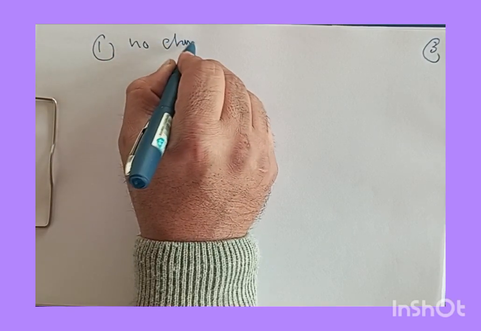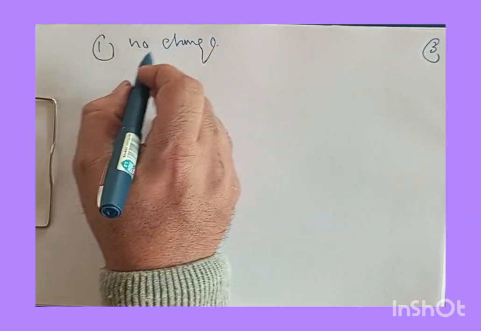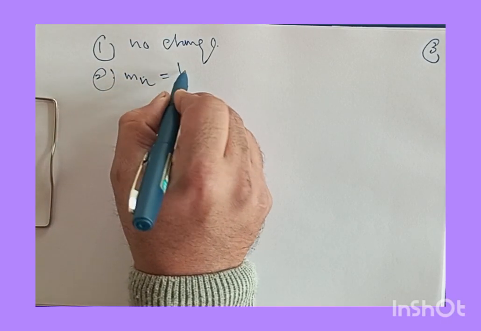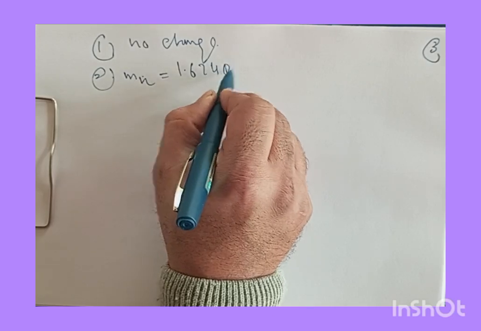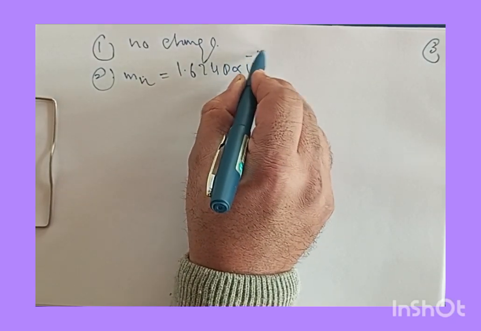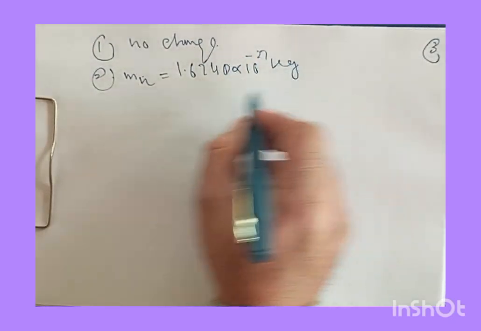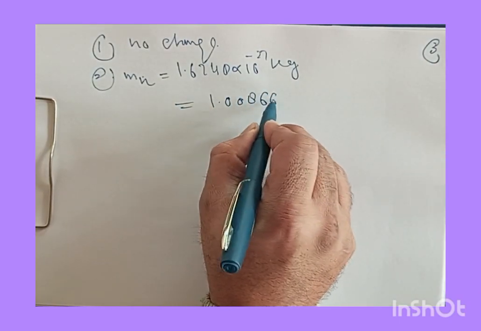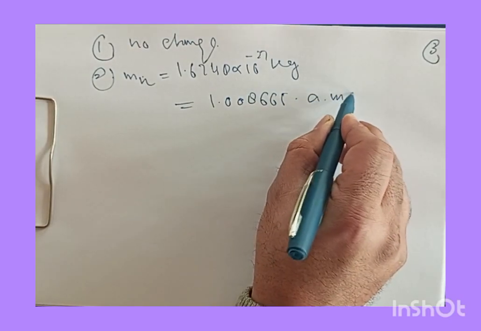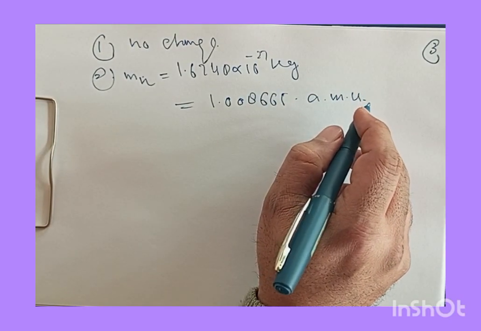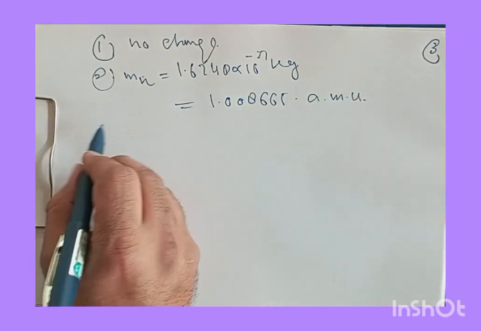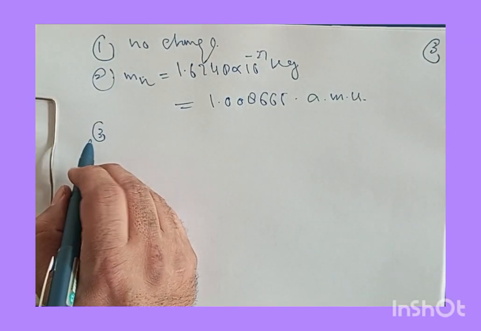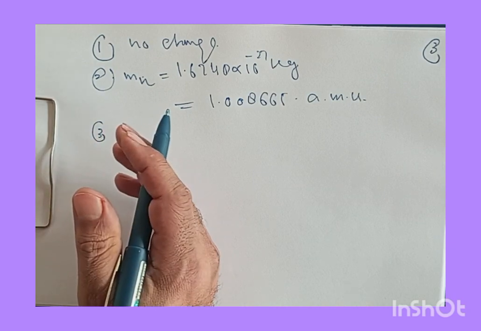And the mass of this neutron is 1.6748 times 10 to the power of minus 27 kilograms, and that comes out to be 1.008665 atomic mass units. Then, being neutral, this neutron can neither be attracted nor repelled by the nucleus of an atom, because it has a neutral charge.